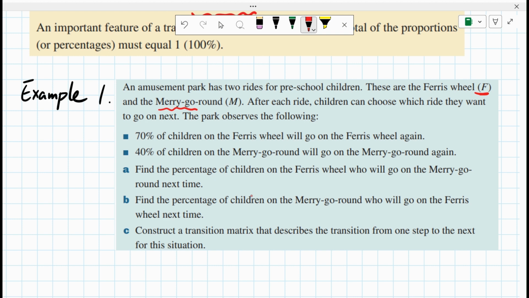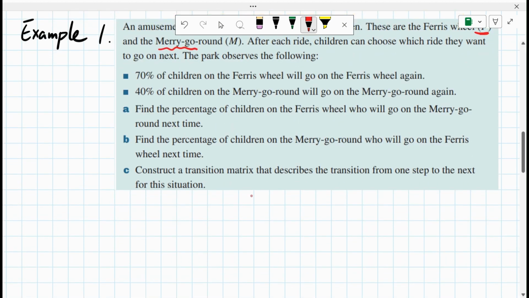So 70% of children on the Ferris wheel will go on the Ferris wheel again, which means 30% will go to the merry-go-round next time.